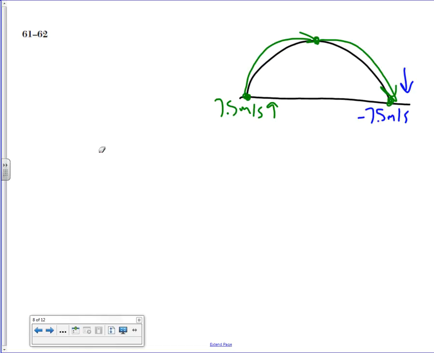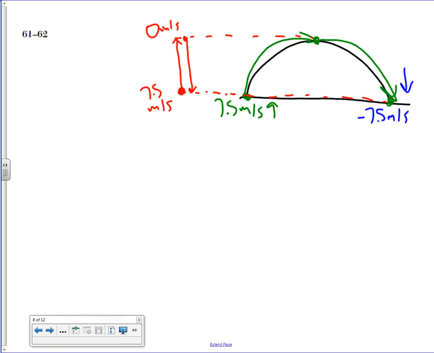So if we look just at this, I'm going to put it over here this time. We're going to start out here, moving up, start out with 7.5, we're going to 0 meters per second, and then we're going to come back down.